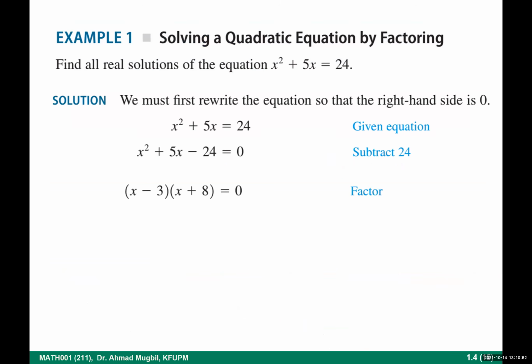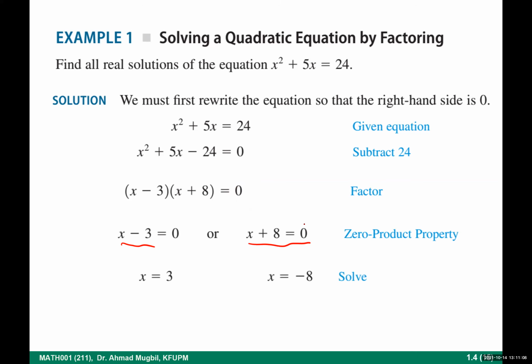X minus 3 times X plus 8. Now the right-hand side is zero. So with two factors whose product is zero, one of them must be zero, or both of them are zero. Now we have two linear equations: X equals 3 or X equals negative 8. You can always check your solutions by checking the original equation.